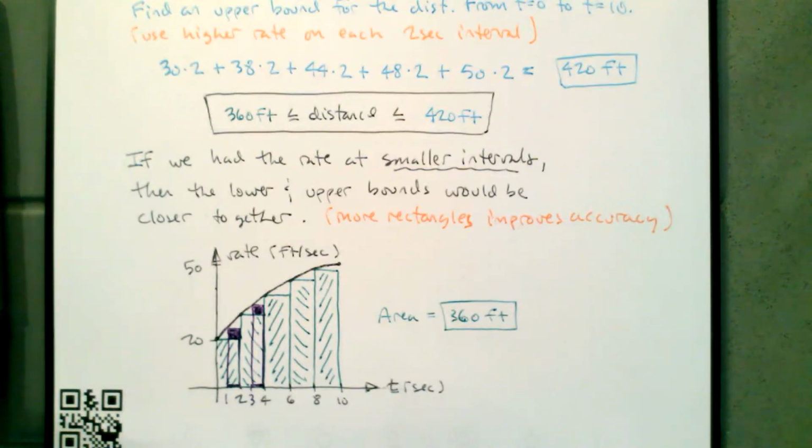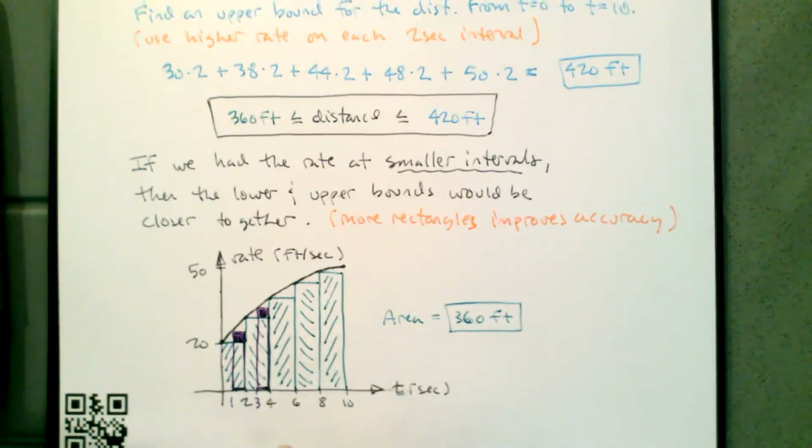So the calculus way is to use an infinite number of rectangles. Here with a change in t of 2 seconds, if we reduce the size of each width, then our approximation improves. So we'll want to make these rectangles infinitely thin, and that would require an infinite number of rectangles.